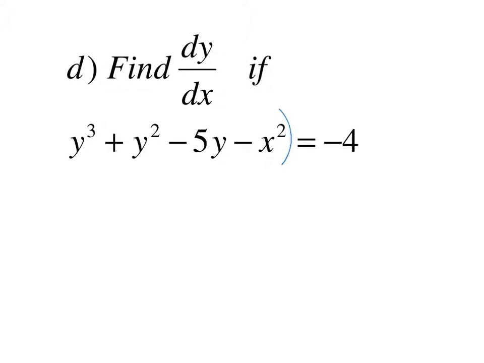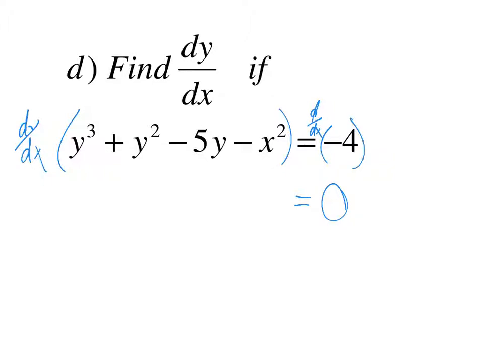So I'm going to take the derivative with respect to x. Now what's the derivative of negative 4? 0.